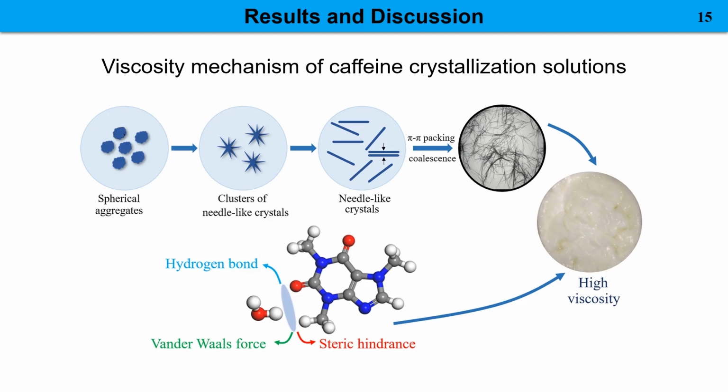The analysis shows that the interaction between caffeine and water is mainly dominated by hydrogen bond, assisted by van der Waals and steric hindrance. The solid-liquid mixture formed by caffeine and water is harder to separate with stronger interaction between them. The intermolecular interactions form the caffeine solid-liquid viscous system.